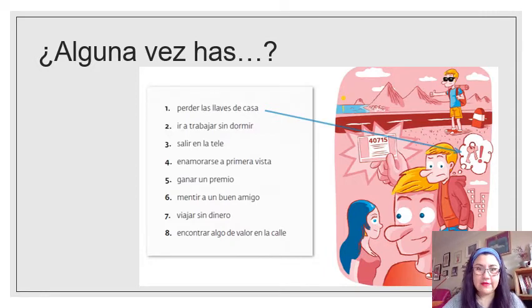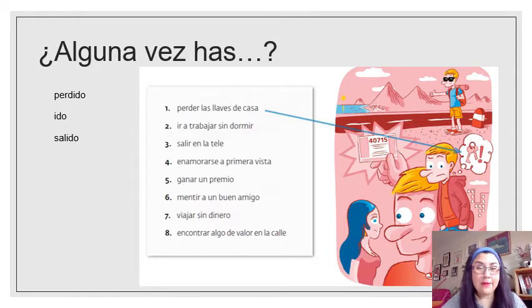So let's give it a go here. For each of these verbs, I revealed the first one. Perder, it's an er ending verb. Yes, ido is the form of your participio. What about ir? The participio for ir will be ido. ¿Cuál es el participio del verbo salir? Salido.